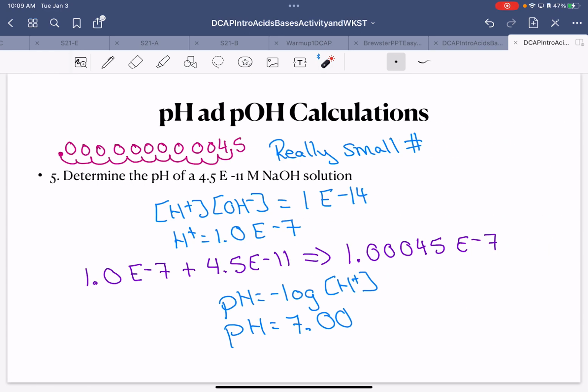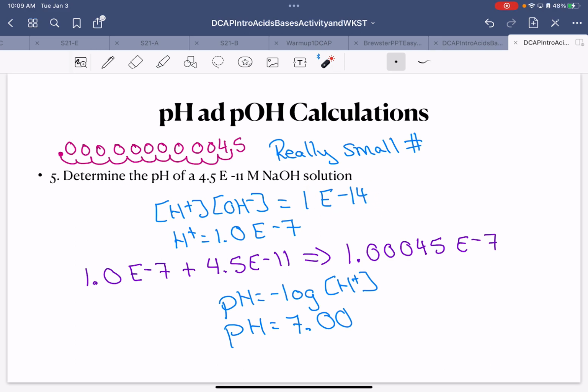This one here trips people up because you see the number and you automatically want to go, I'm going to plug and chug, I got this. And I need you to take a step back and go, wait a minute, that says negative 11th. And so when I went ahead and just wrote this out, you can see how really, really small that number is. So now we got to recall that this relationship between H plus and OH minus equals our Kw value, or our ionization of water, which is 1e negative 14.